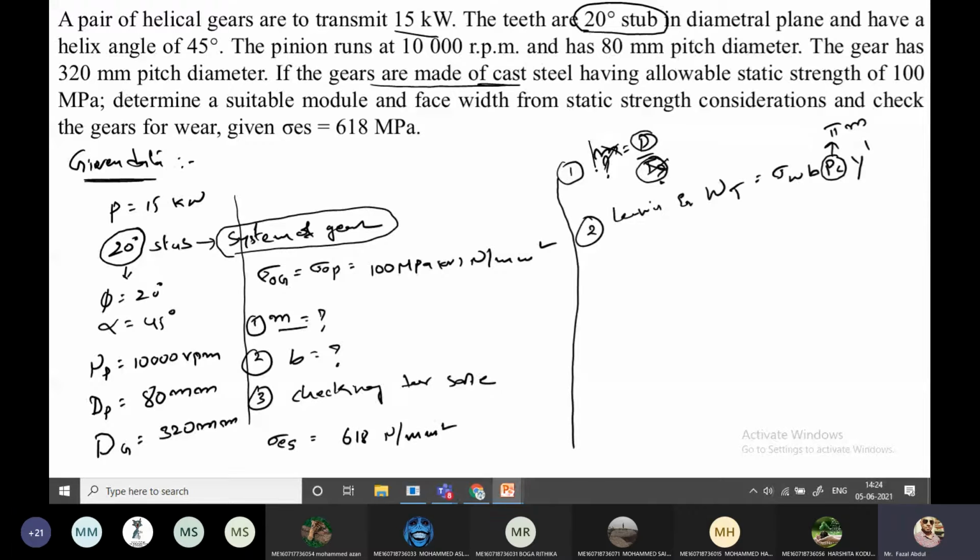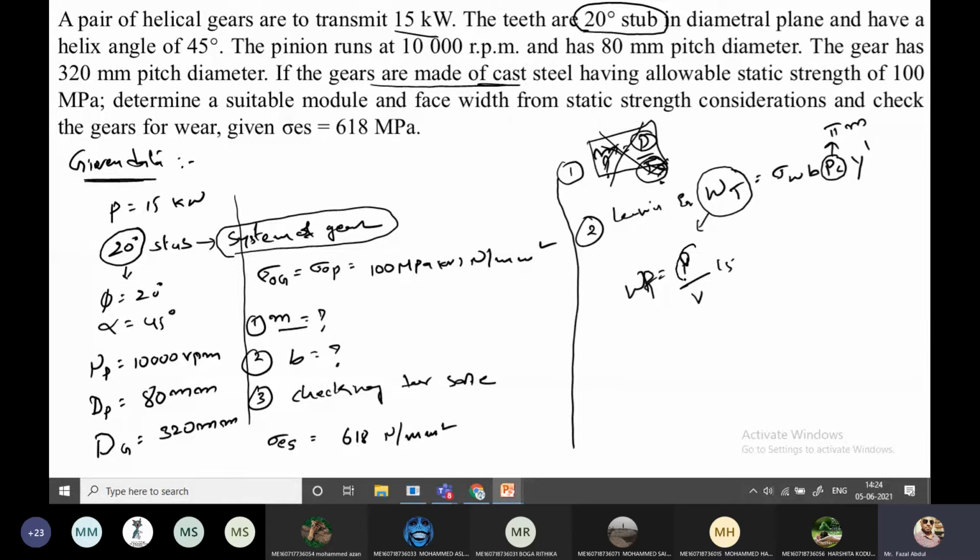That is the reason this one is not suitable for this particular problem. Now the Lewis equation: Wt, tangential load, we can calculate from the power relation, Wt equals P by V into Cs. With this relation we can calculate.